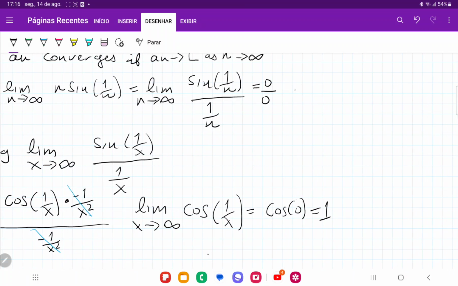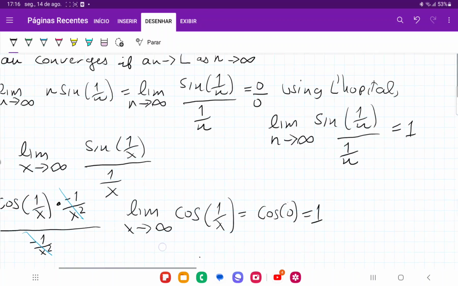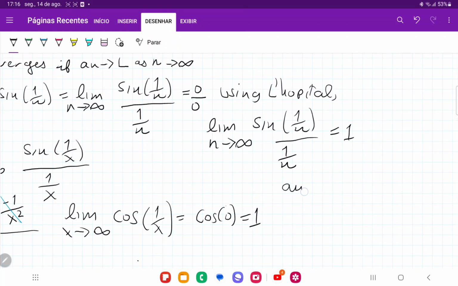So we can say that using L'Hopital, the limit as n approaches infinity of sine 1 over n divided by 1 over n is equal to 1, because as we've seen, the function and the sequence go to the same place. And so because this limit exists, we can say a_n tends to 1 as n tends to infinity. We're saying this limit is 1 as n gets larger and larger, so a_n converges.